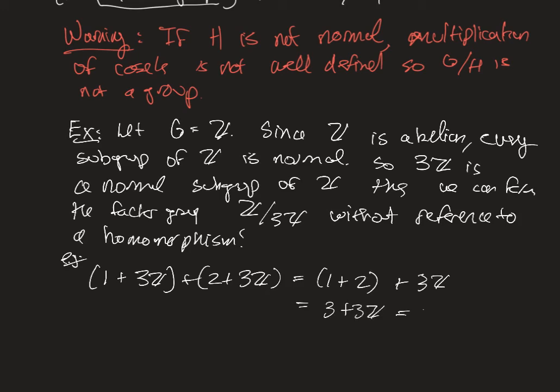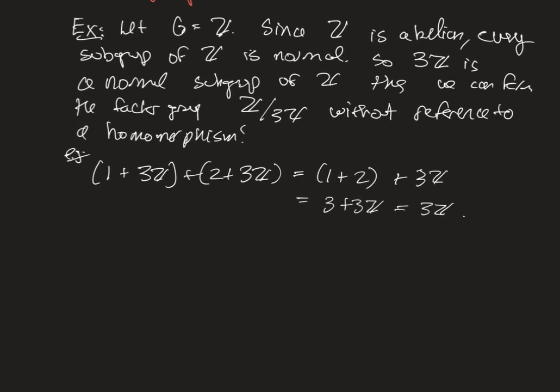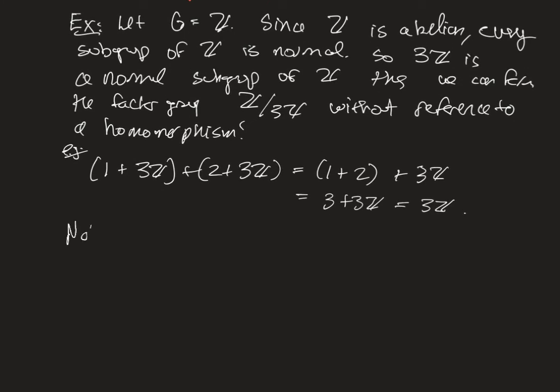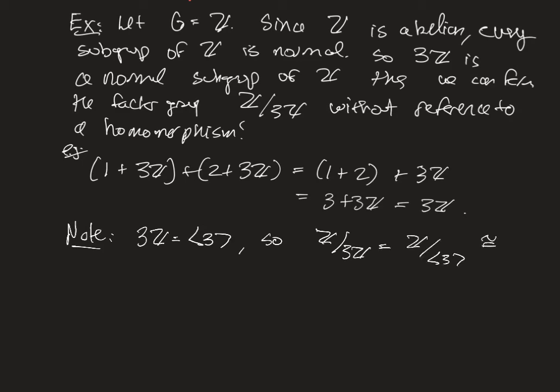But this is the same thing as just 3Z. So note that we could have described 3Z instead as the cyclic group generated by 3. So Z mod 3Z is the same thing as Z mod <3>, and those are both isomorphic to our old friend, the cyclic group with 3 elements.